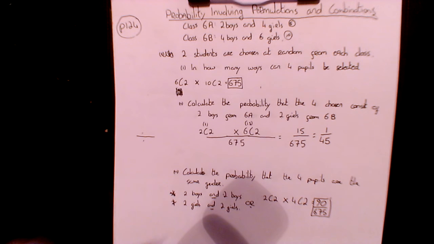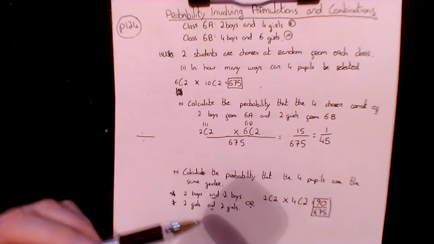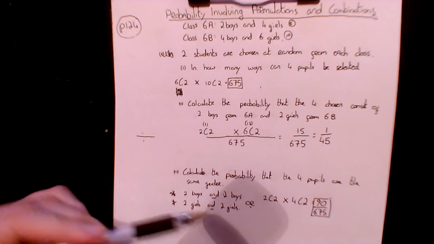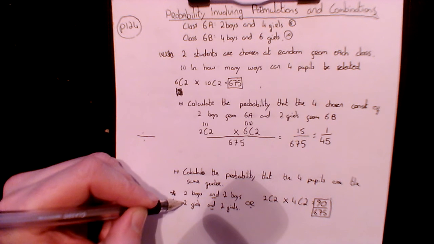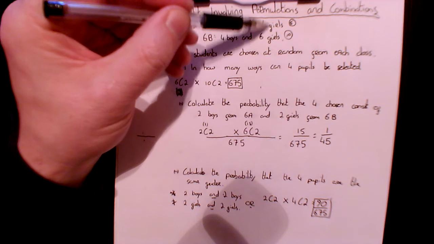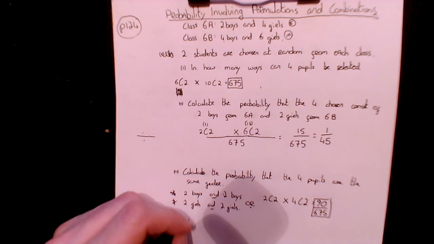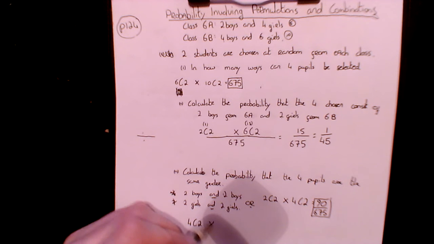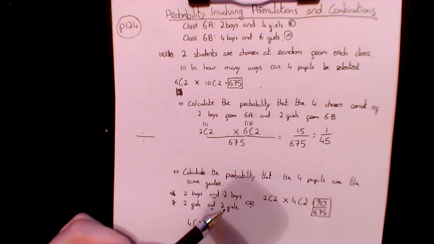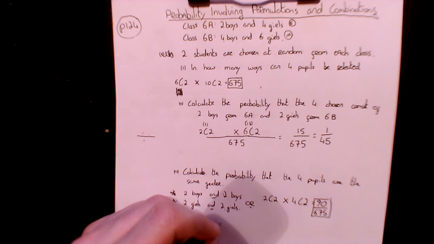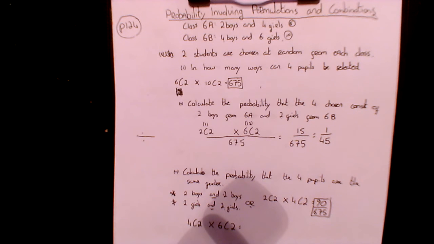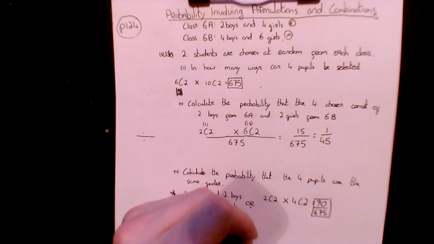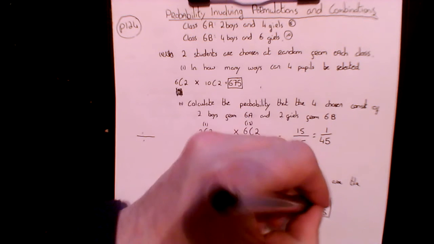Now we look at the number of different ways we can choose 2 girls and 2 girls. How many different ways can we choose 2 girls from 4 girls? Well, it'll be 4 choose 2. And how many different ways can we choose the 2 girls from the 6 girls? So it'll be 6 choose 2. Which will be 90.